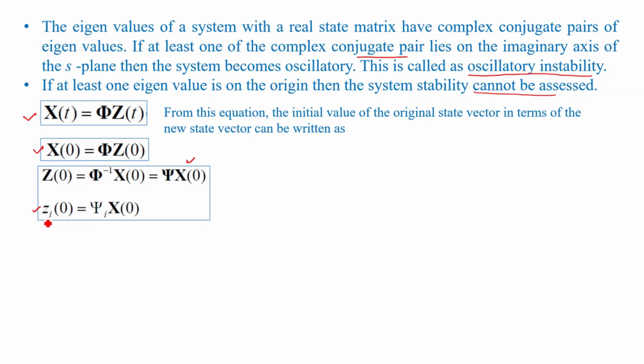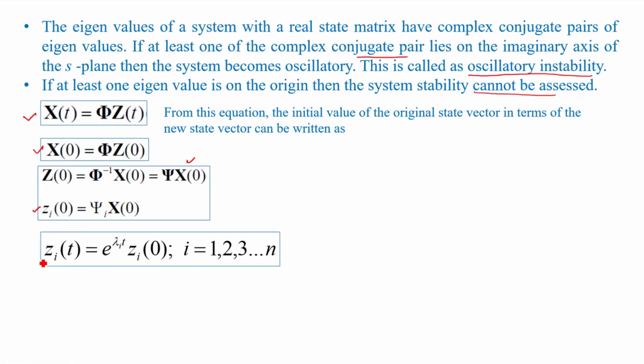One particular element Zi(0) will be equal to psi i x(0). And now I can write Zi(t) equal to e to the power lambda i t Zi(0).